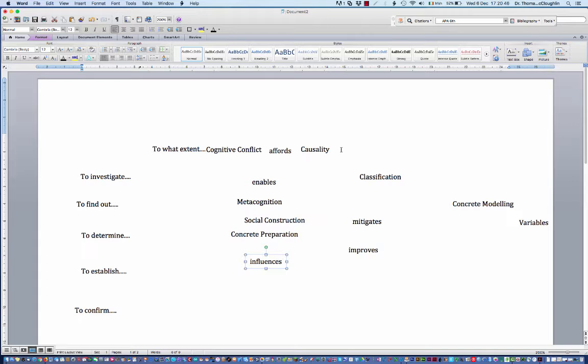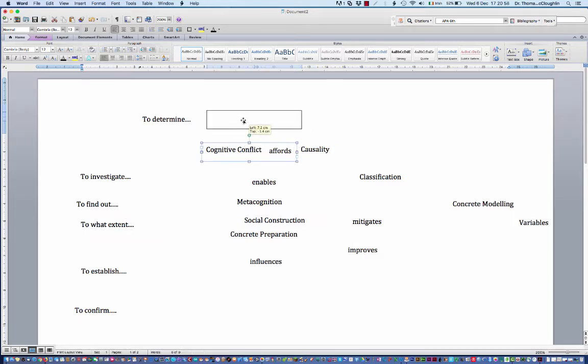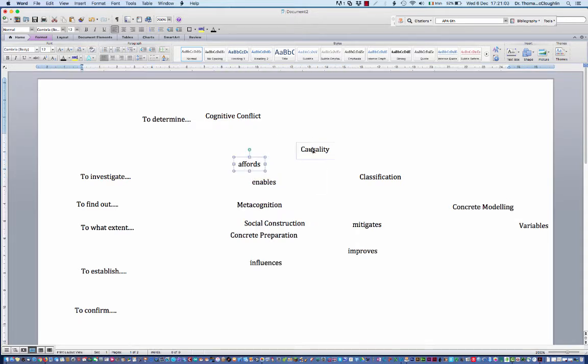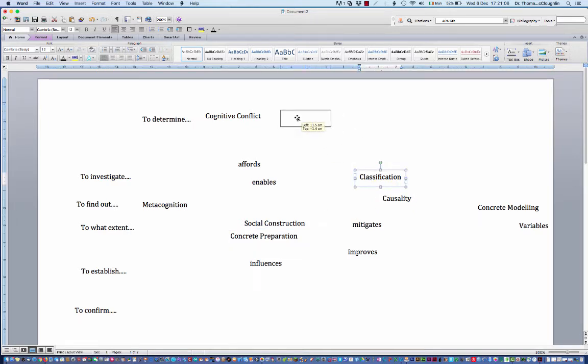Okay, that'd be an example. To determine the role cognitive conflict has on ability in classification. Okay, so to determine the role cognitive conflict has in ability in classification.